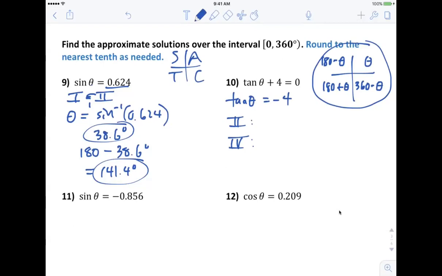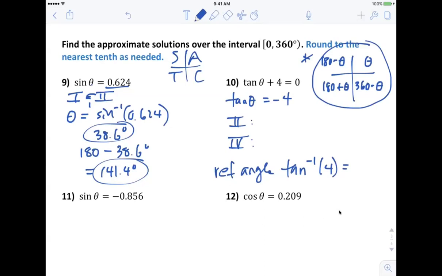So for the reference angle, what I would do is just do tangent inverse of 4 and just ignore that negative. I'll get the solutions by using this little table. So I'm not worried about putting that negative into the calculator. Really what I want is the reference angle.